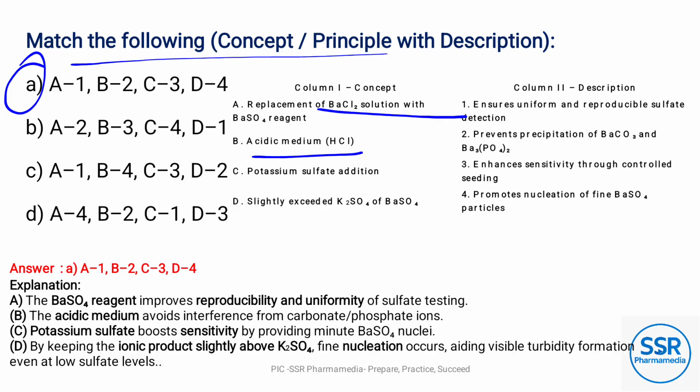An acidic medium, HCl, is used for the prevention of precipitation of barium carbonate and barium phosphate. And the addition of potassium sulfate is to enhance sensitivity through controlled seeding, as a slight excess of potassium sulfate promotes the nucleation of barium sulfate particles.